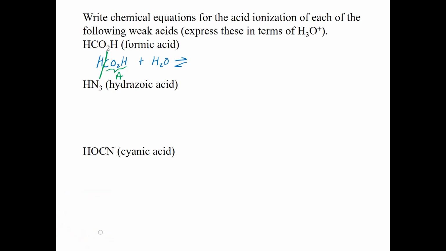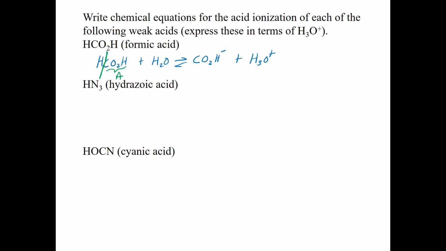So I have CO2H, and we practiced in the last chapter in the homework section the fact that to write the conjugate base, if it's neutral, it becomes more negative. And then this hydrogen here goes to join with the water, so it forms the hydronium ion.